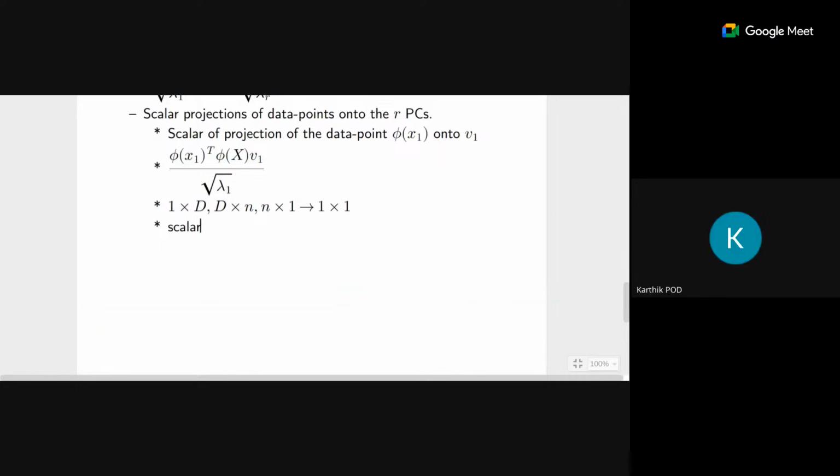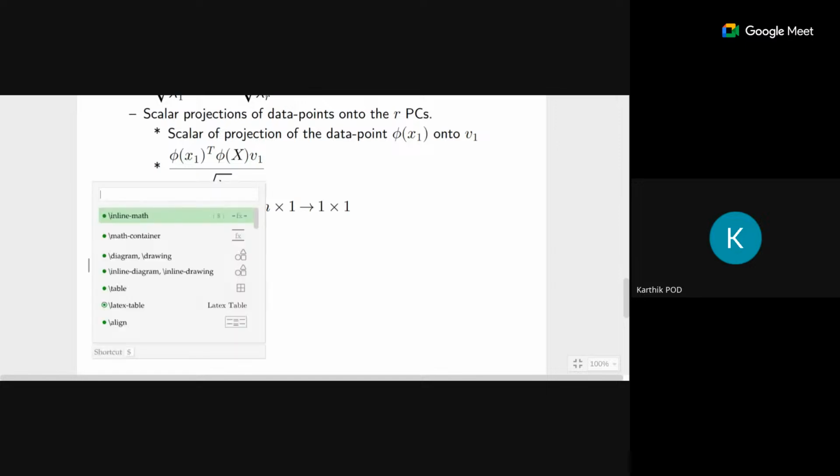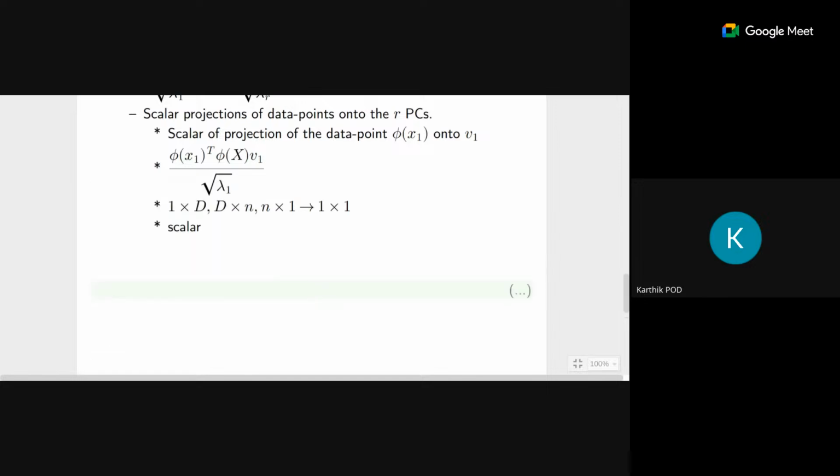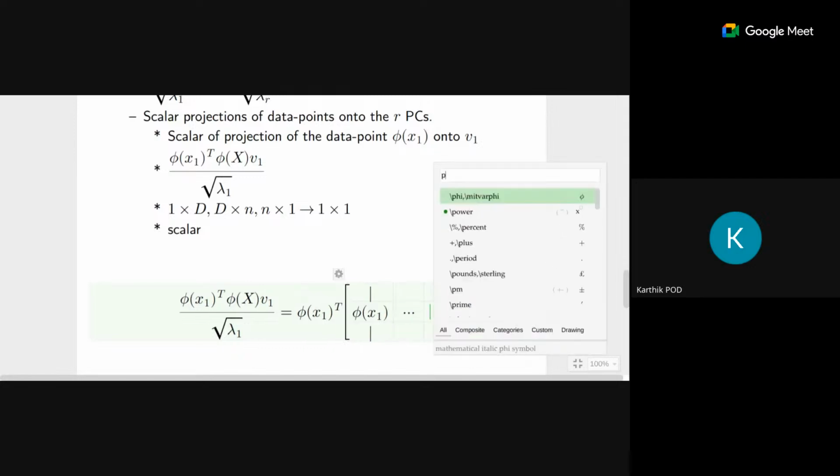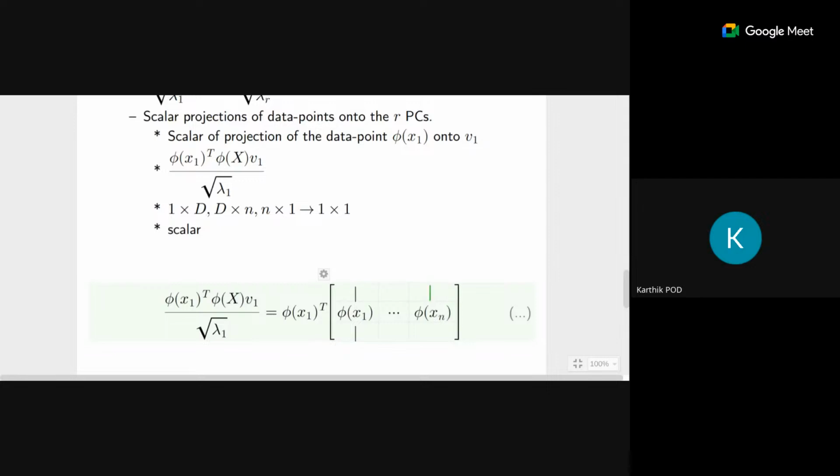Now let's look at this. This part deserves a closer look. How are we going to calculate this without knowing phi? This is important to know. Notice that this is nothing but phi of x1 transpose, times this matrix, which is your data matrix but in the transform space, and then v1 by root lambda 1.